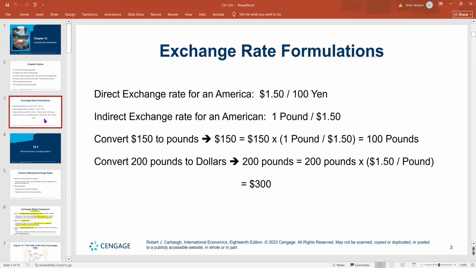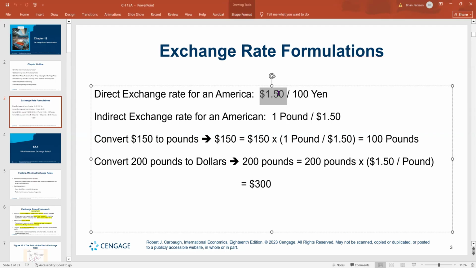Just a quick review of what we mean by exchange rates. Exchange rates are the price of one currency in terms of another. For an American, we may work with either a direct exchange rate or an indirect exchange rate. The direct exchange rate is a ratio of two equal values, say $1.50 and one British pound.